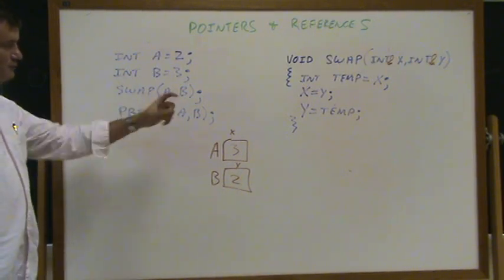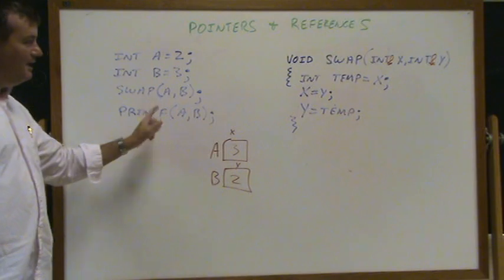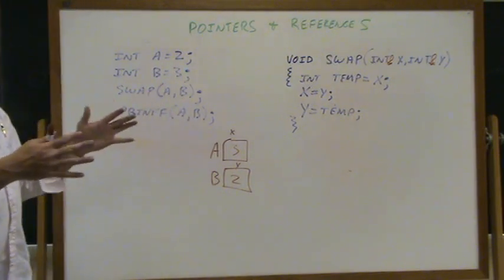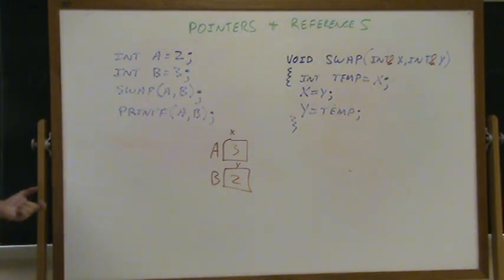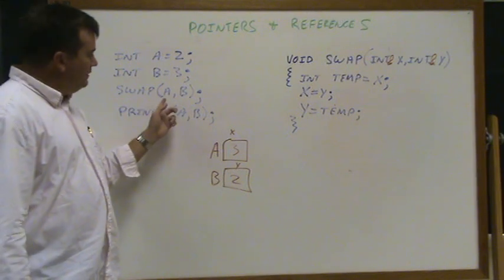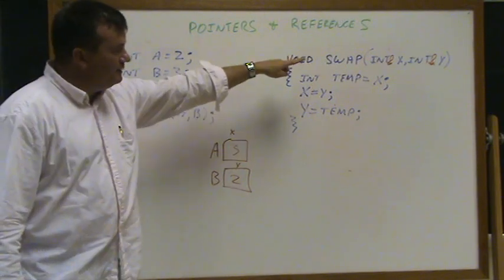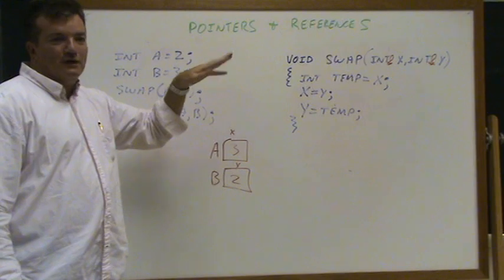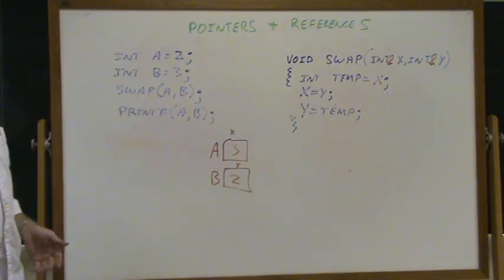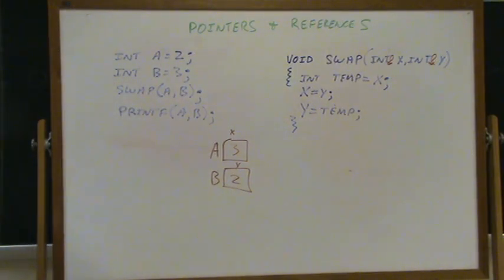If we could somehow associate the two pieces of storage to say X and A are exactly the same thing, they should refer to the same thing. So if we passed in a pointer pointing at A to some field here, and then used it as a pointer here, any updates would actually be pointing to the same piece of storage. So we could have done the swap using pointers or references.